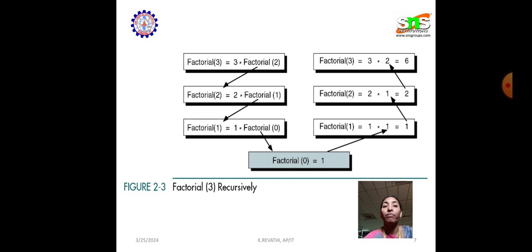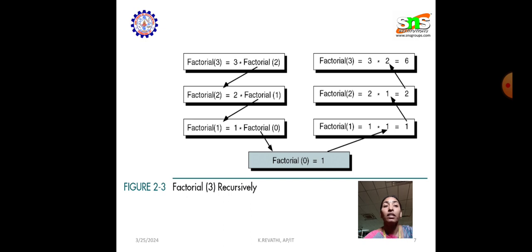That means the factorial of 2 is equal to 2 into factorial of 1. Here again the factorial of 1 will call the recursive function. The factorial of 1 is equal to 1 into factorial of 0, that means 1 into 1.